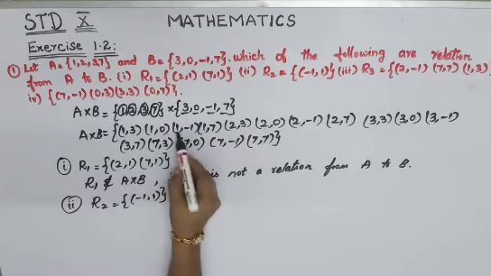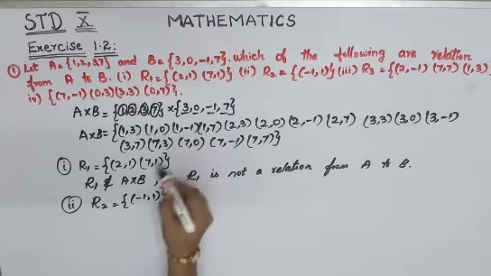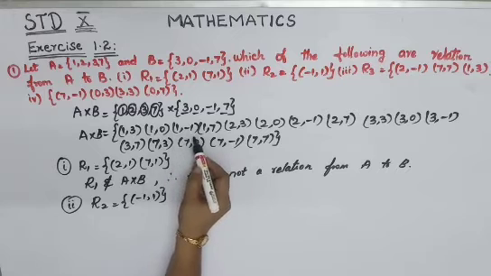But we have got only (1, -1), so it is entirely different. (-1, 1) we needed, but (1, -1) is there.